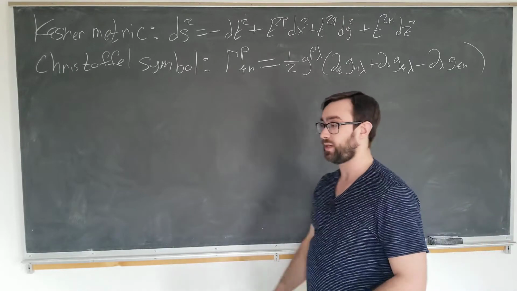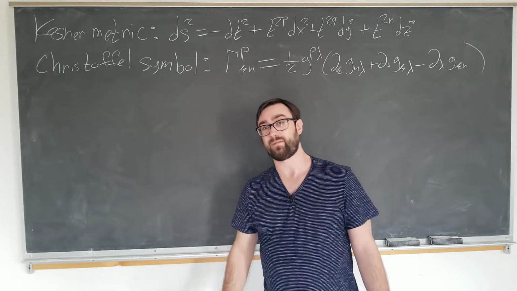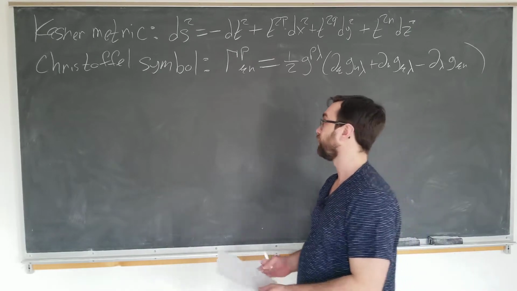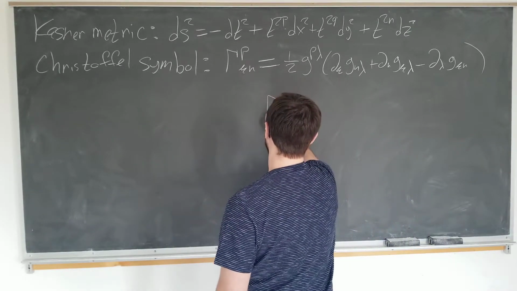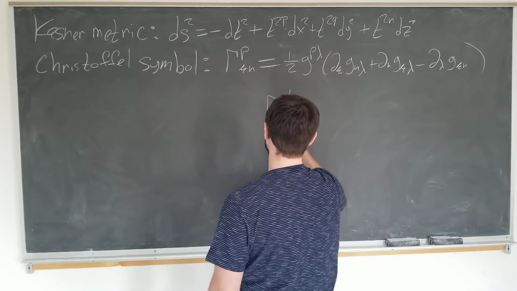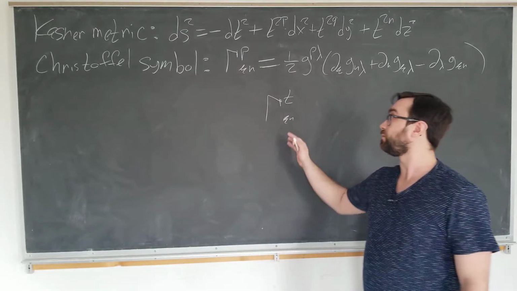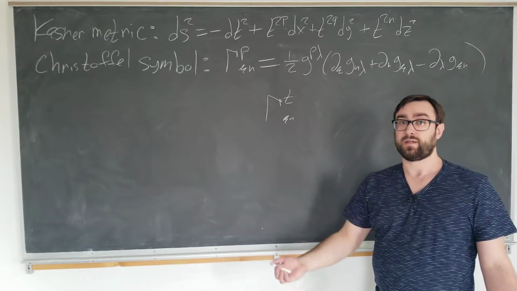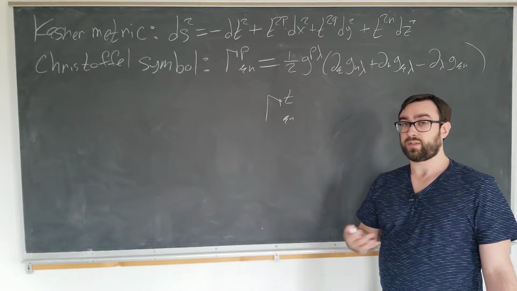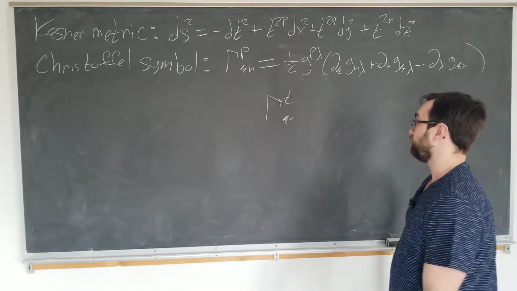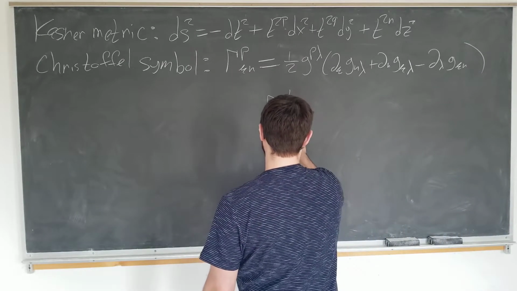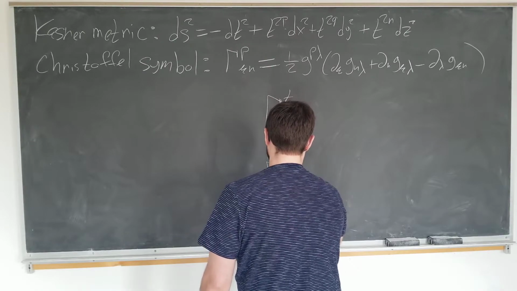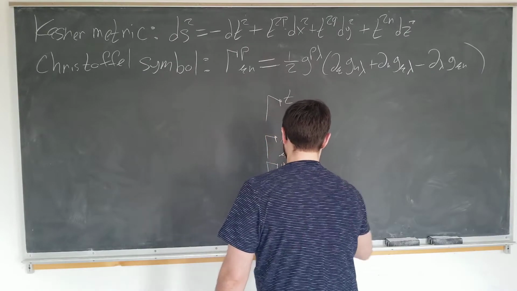Now, a typical exercise when you begin a problem like this is to think about which ones are going to be 0, since you know most of them are non-zero. So what you would do is you look at gamma t mu nu, for example, then write this out with mu and nu being free, and then show which ones are 0 for certain values of mu and nu, and then continue on to gamma x mu nu, gamma y mu nu, and gamma z mu nu.